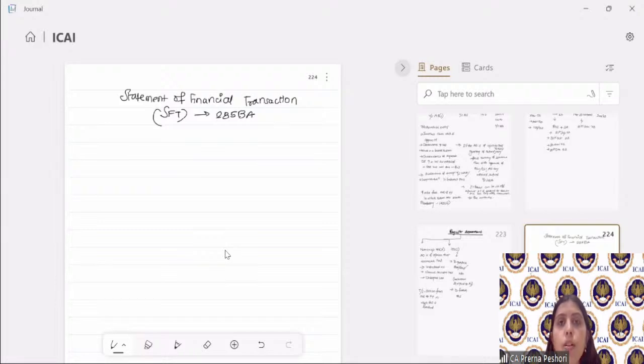Now, who are these certain persons who are required to furnish a statement of financial transaction?